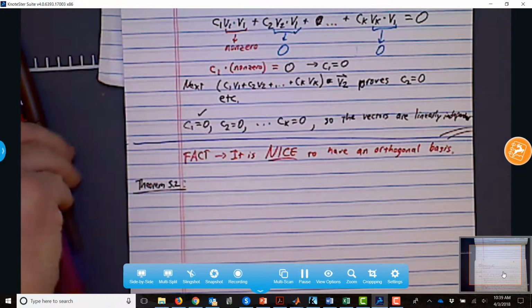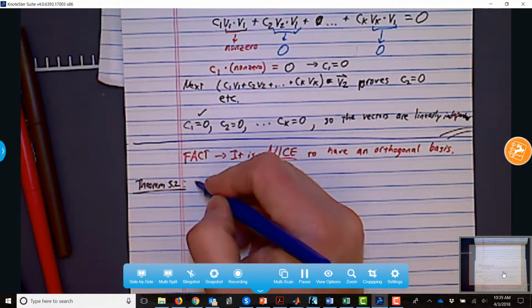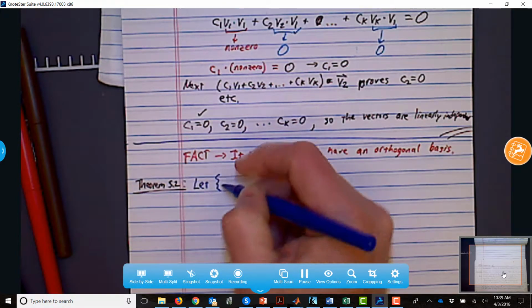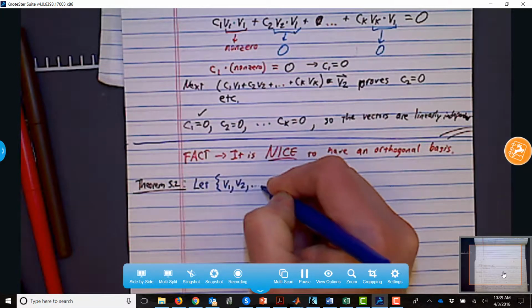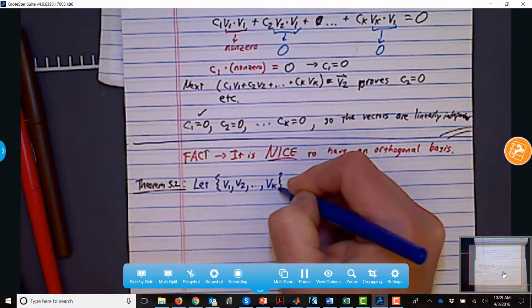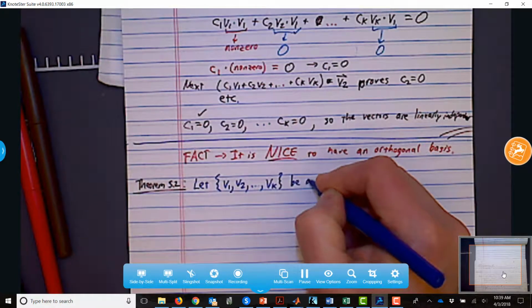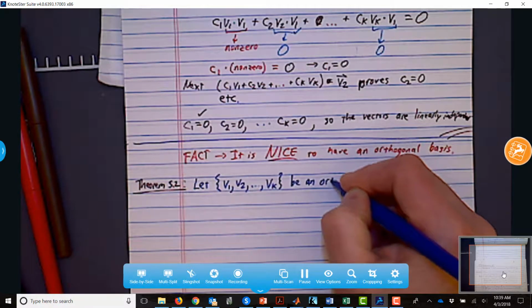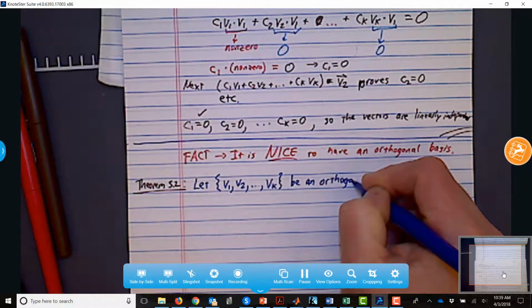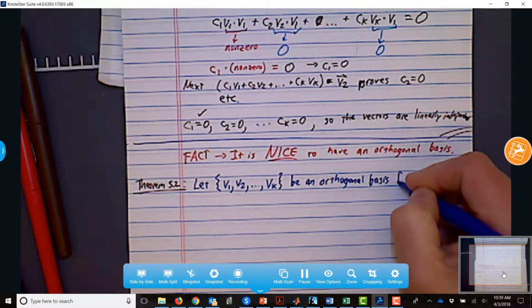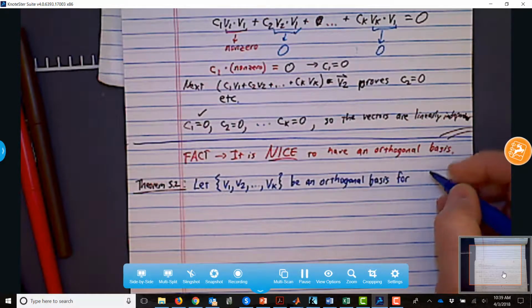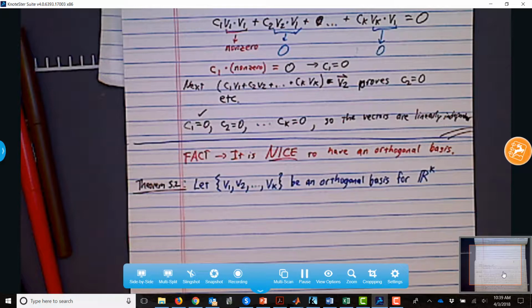So, suppose v1 to vk, these vectors, let this set be an orthogonal basis for, well, I guess it'd be for Rk, because there are k vectors, right?